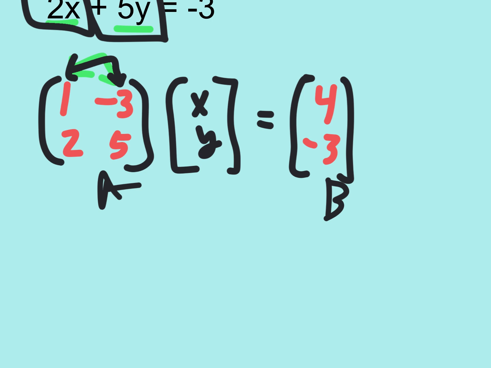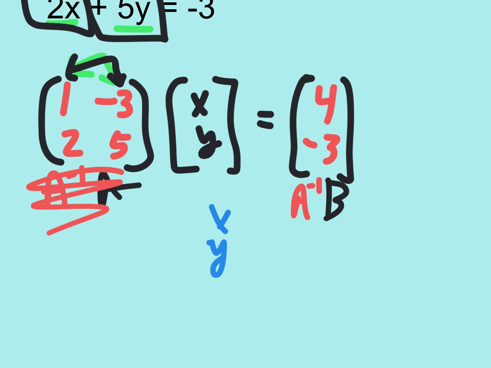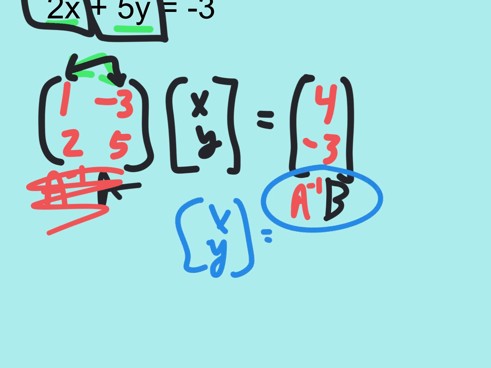Here's the finish. Inverse A on both sides. That'll cancel that. And XY will be whatever inverse AB is.